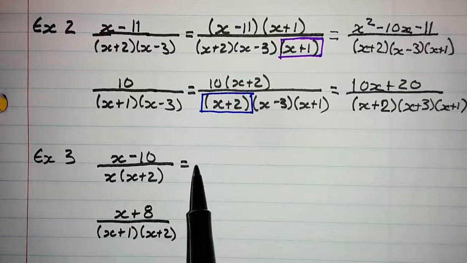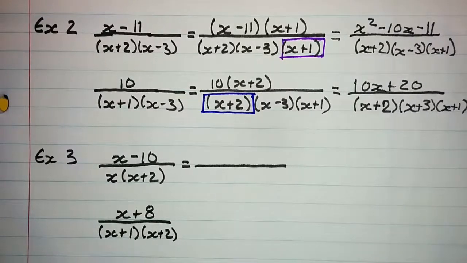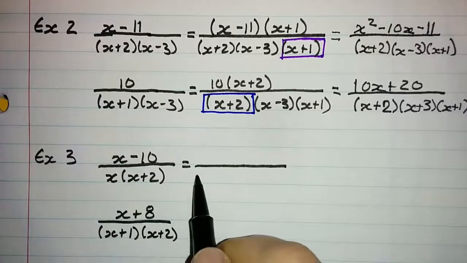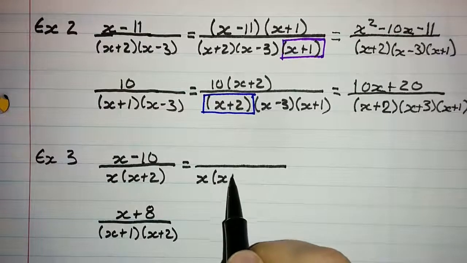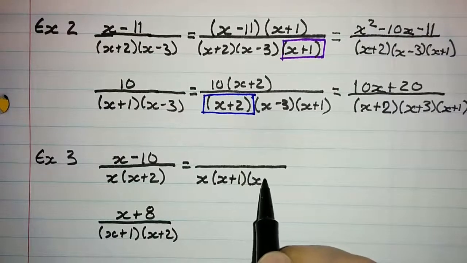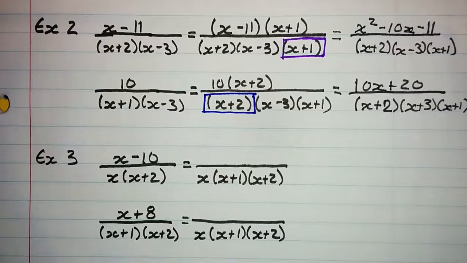And we found, as our least common denominator, x times x plus 1 times x plus 2. Finish this step. Rewrite these two rational expressions as rational expressions with our common denominator. Pause the video and try this now.